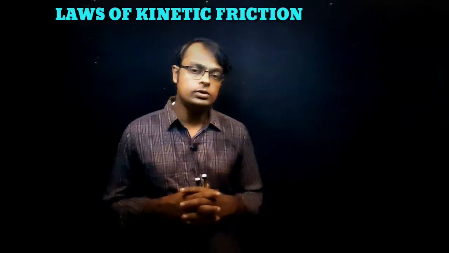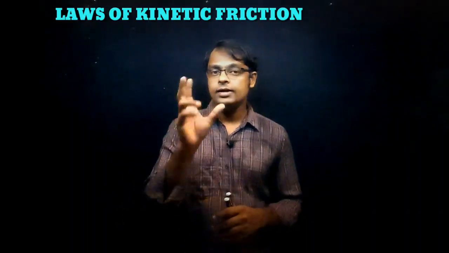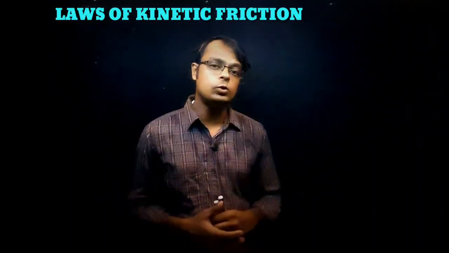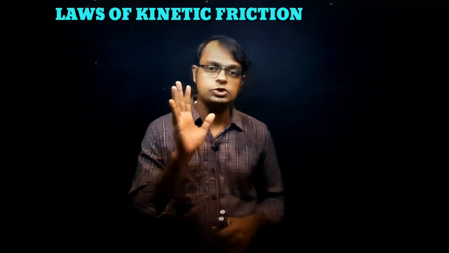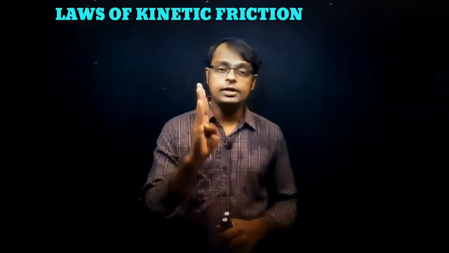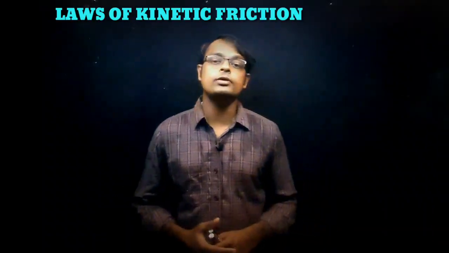Next law about the law of kinetic friction is that the kinetic friction is independent of velocity. Even though you are increasing the velocity of the body, the kinetic friction doesn't change. The kinetic friction is what? Independent of the velocity of the body.